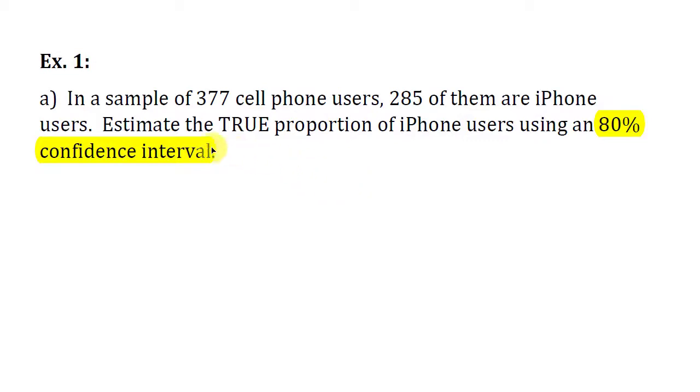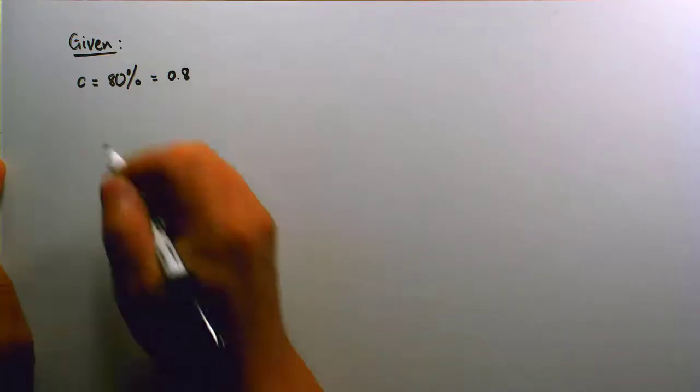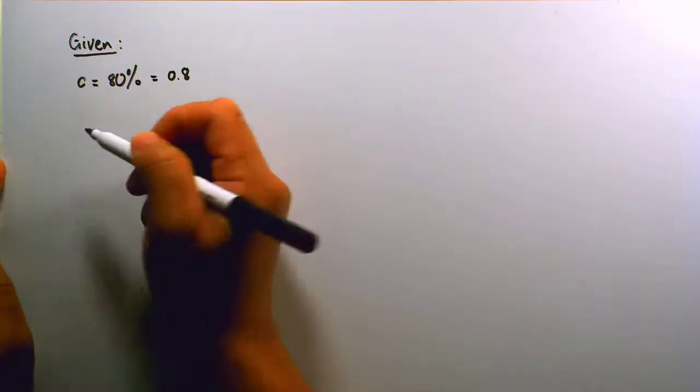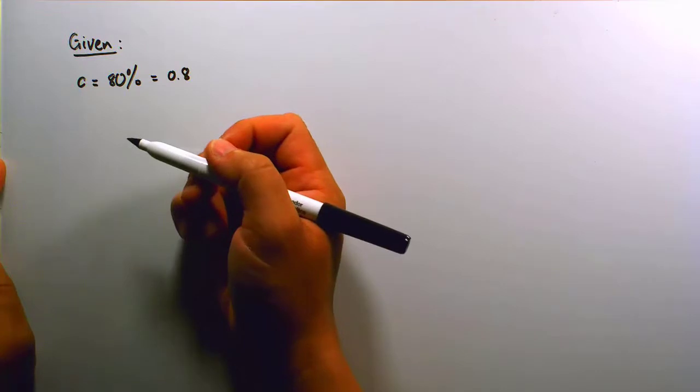The next piece of information, right from the beginning, in a sample of 377 cell phone users, and among those cell phone users, we found the count here is 285 of them are iPhone users. So it looks like in particular we're looking for that category of being an iPhone user among all cell phone users.